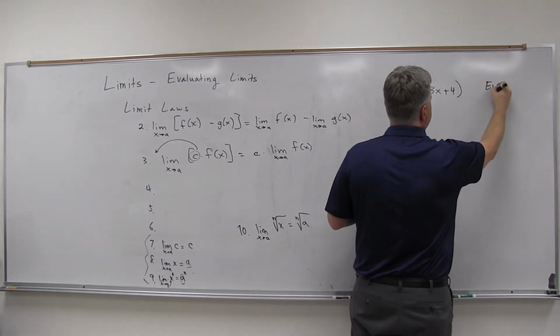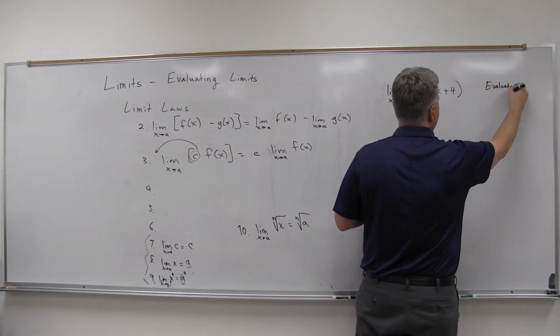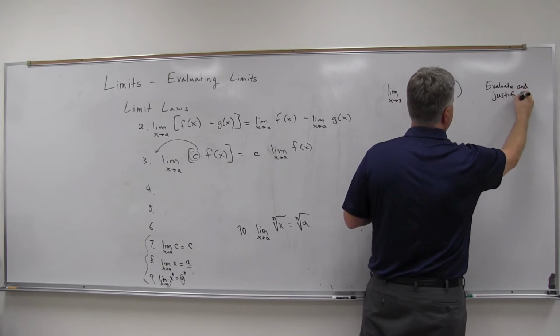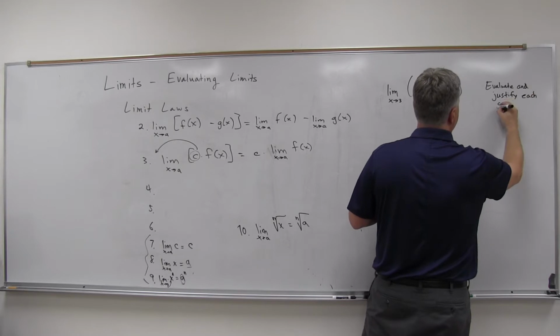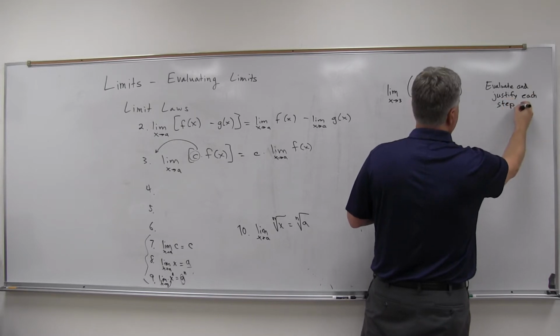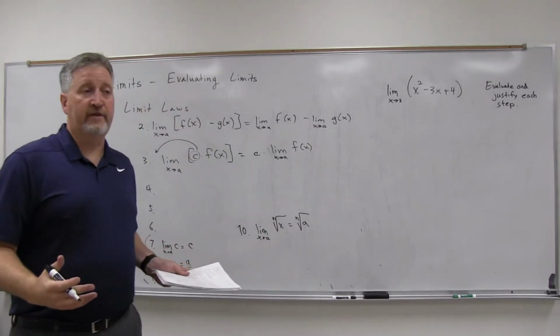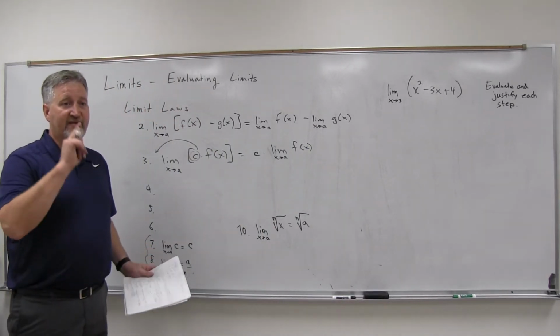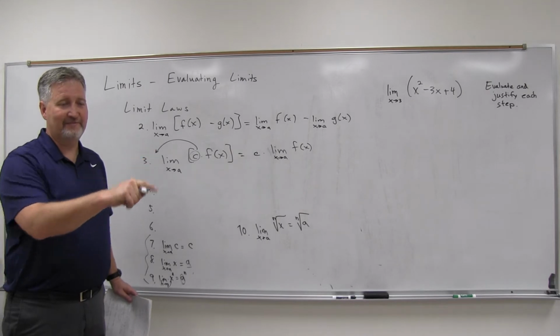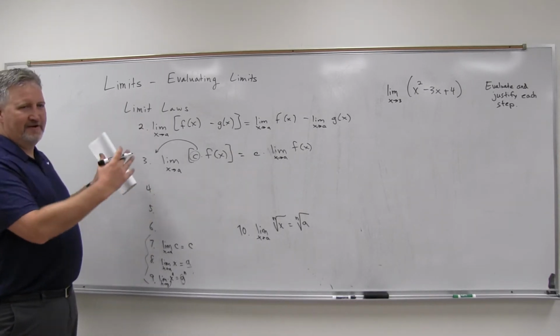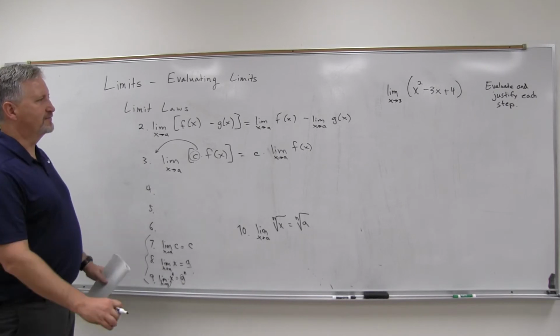Let's evaluate this limit and justify each step. And the way we're going to do that is just indicate which limit law we're using. Like I said, we're only going to do this once in class and then maybe once on your homework, okay? So you don't have to memorize these limit laws, just be aware.